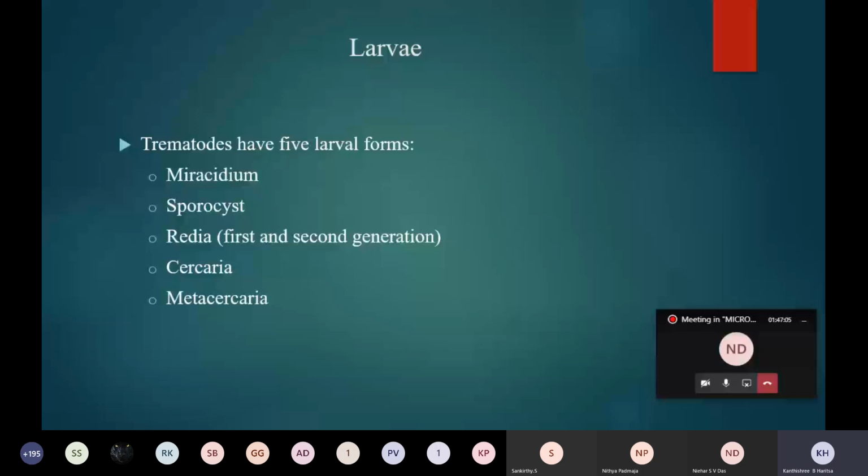So about the larvae, five larval forms are observed in the trematodes. They are Miracidium, Sporocyst, Redia, in that you have first and second generation, Cercaria and Metacercaria. These are the five larval forms.